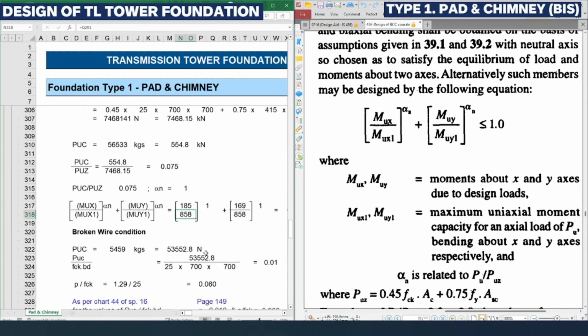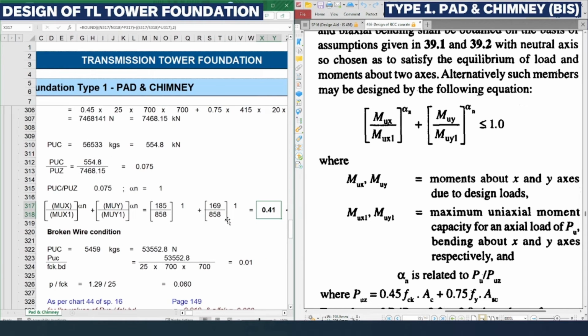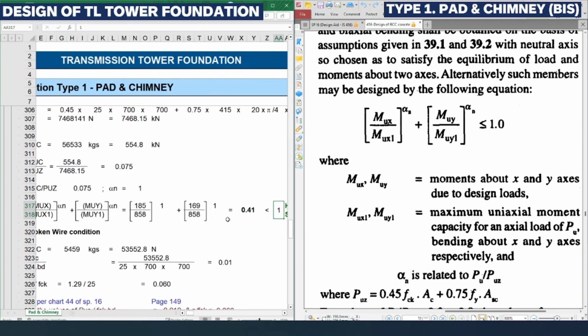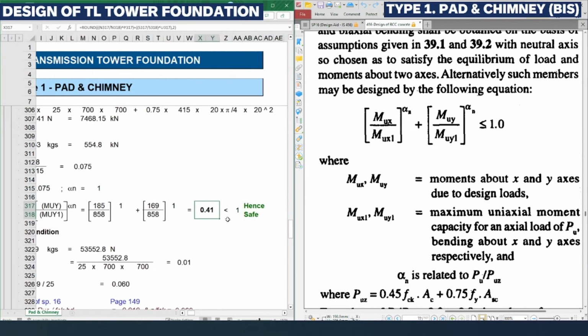So that we are applying here as MUX1 and MUY1. Both the values are same, as the chimney is a square of equal side, equal longitudinal reinforcement we got provided. So now equating all this, the factor is 0.41, which is less than 1, hence safe.